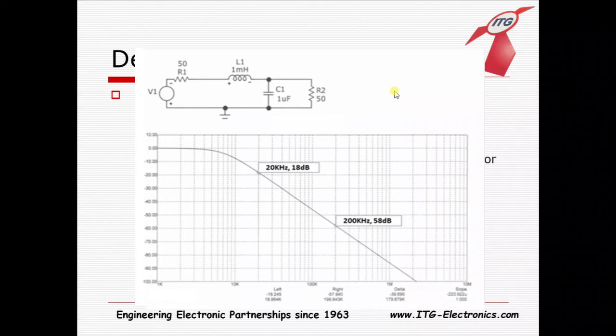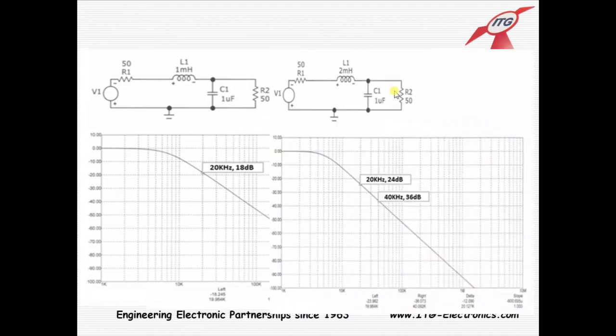And then if we look at this same example, it's the exact same circuit up top. We go from 20 kilohertz to 200 kilohertz, so now we're looking at a decade, and we get 40 dB of attenuation. Again, 20 per component, we're right on target. And then comparing this to show you the difference in the circuit here, the only thing changed, we doubled the value of this inductor up here from 1 millihenry to 2.